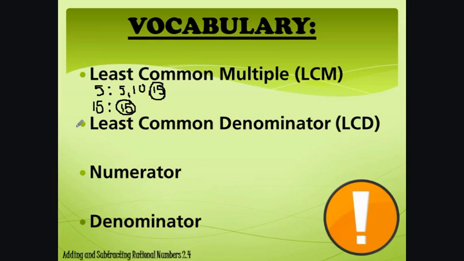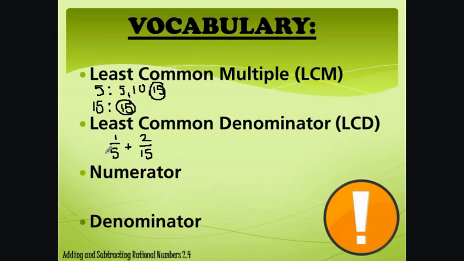That same concept directly correlates with the least common denominator. The least common denominator really is the LCM of the denominators. So let's use the values that we have in that first example. Say we have 1/5 plus 2/15.